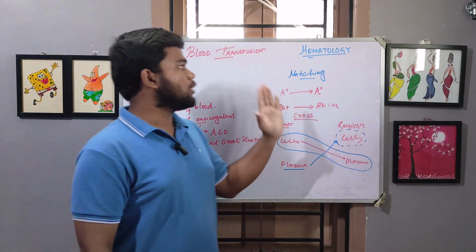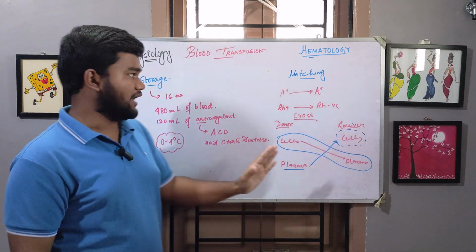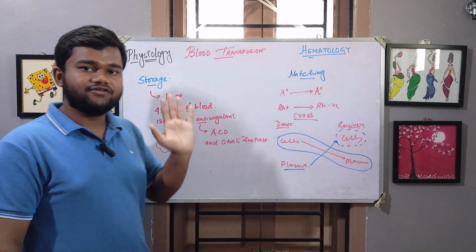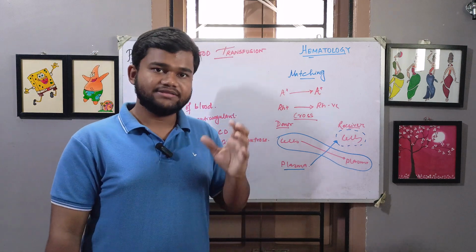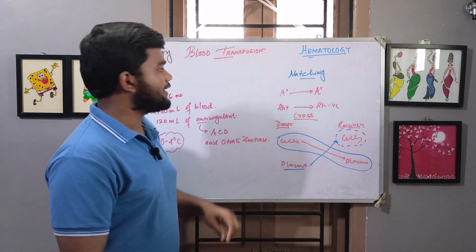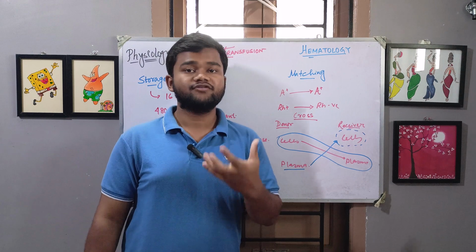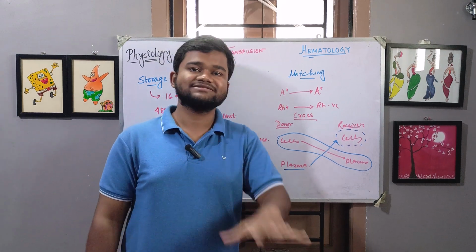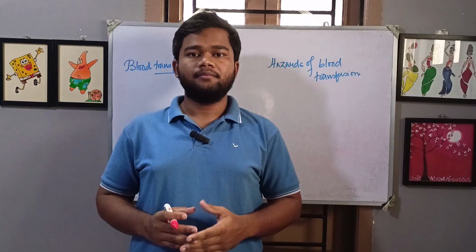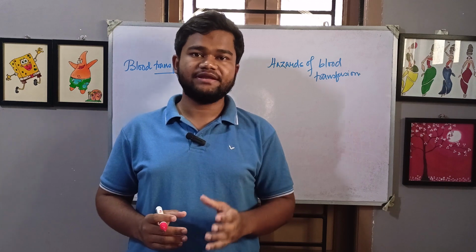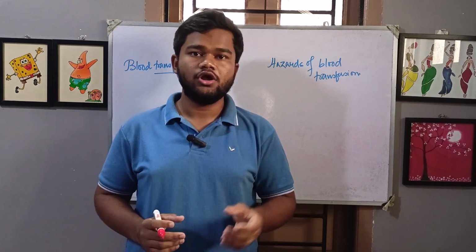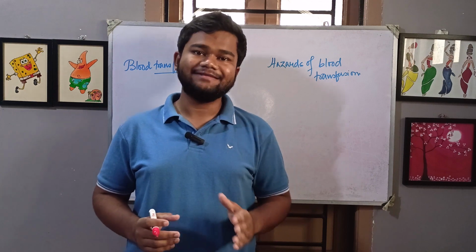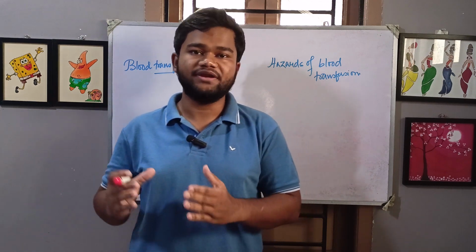Now, when we have known about the matching, the checkings that need to be done, and how the blood is stored, let us talk about the complications that can occur during blood transfusion, as well as what blood transfusion orders are. Blood transfusion orders are basically the directions given by the doctor, determining the rate at which the blood should be transfused.